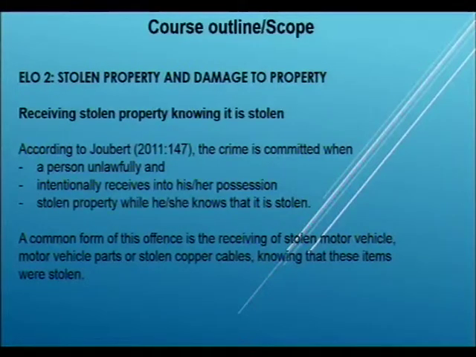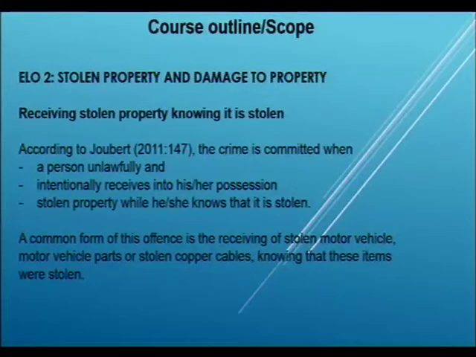Receiving stolen property knowing it is stolen. According to Joburg, year 2011, page 147, the crime is committed when a person unlawfully and intentionally receives into his or her possession stolen property while he or she knows that it is stolen.